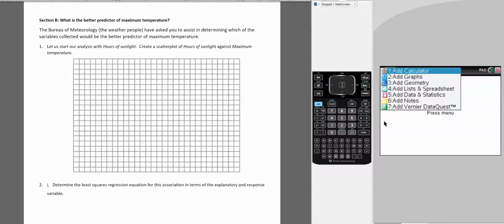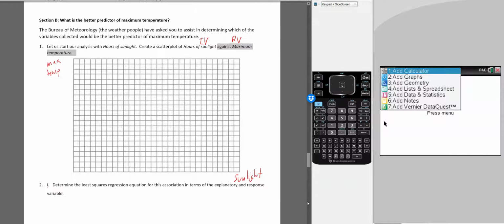Before we even go to our data, let's make sure all our key paths are right: this is going to be sunlight and this is going to be max temp. Please always check this before you do the scatter plot, because if you get the response variable and the explanatory variable mixed around, you will pretty much mess up everything.